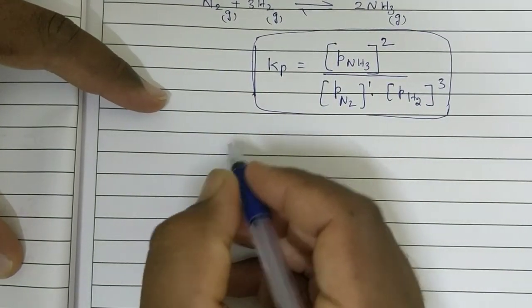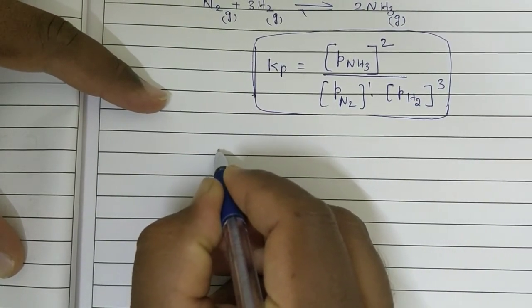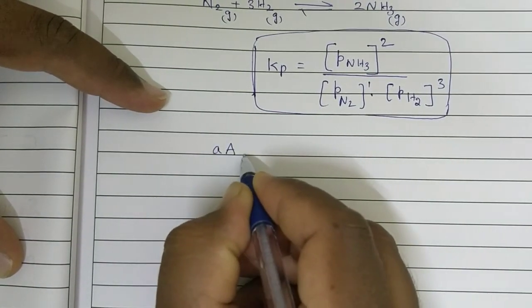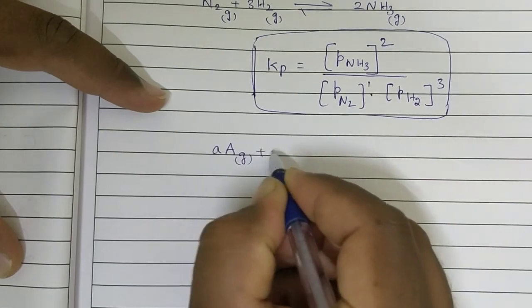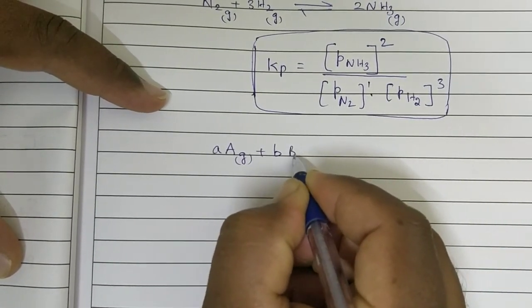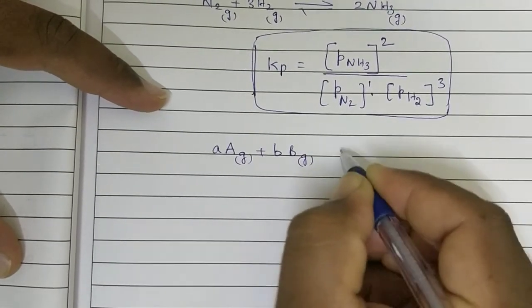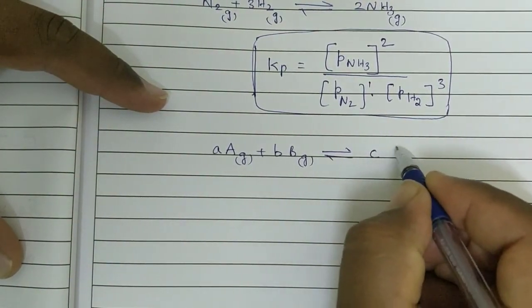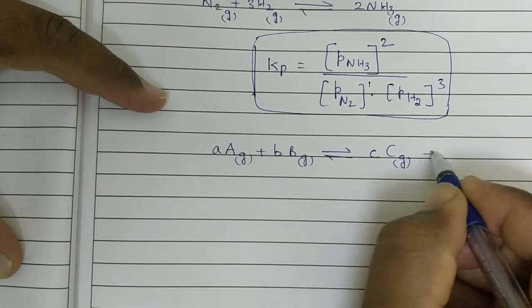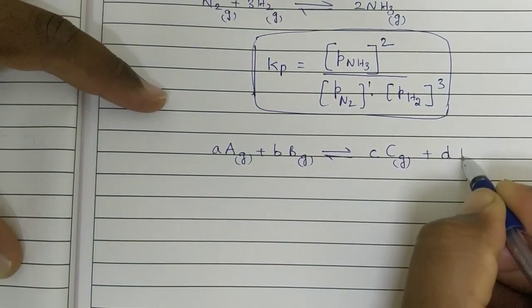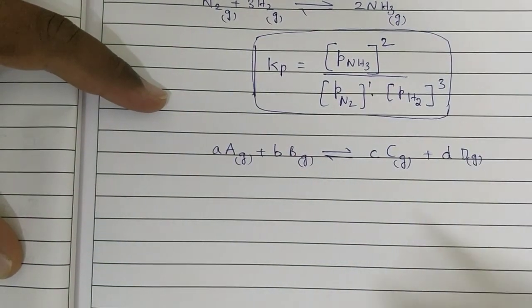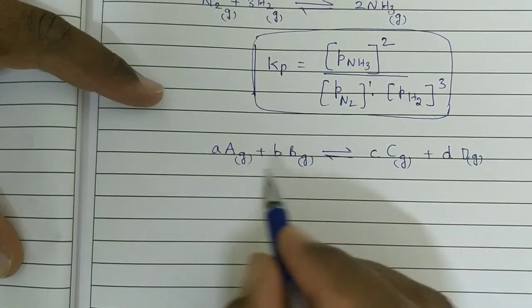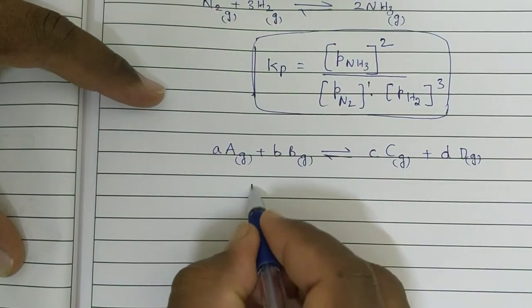I am going to consider a general equation: small a capital A gas plus small b capital B gas is in equilibrium with small c capital C gas plus small d capital D gas. These are all present in the gas state only. For this equilibrium, apply the Kp value.